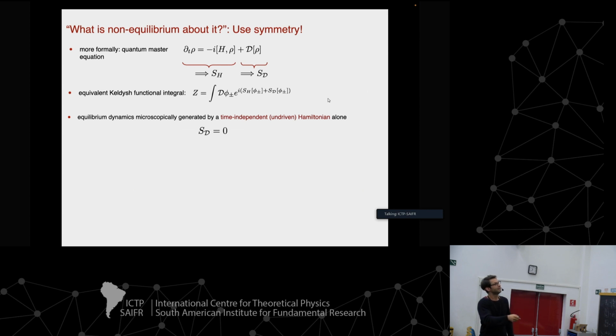Okay, and let's now look at this artificial limit, where there's actually no coupling to a bath. Then this dissipation part, the action coming from that, is just zero, and we really describe an undriven Hamiltonian evolution, Heisenberg evolution in the path integral language.